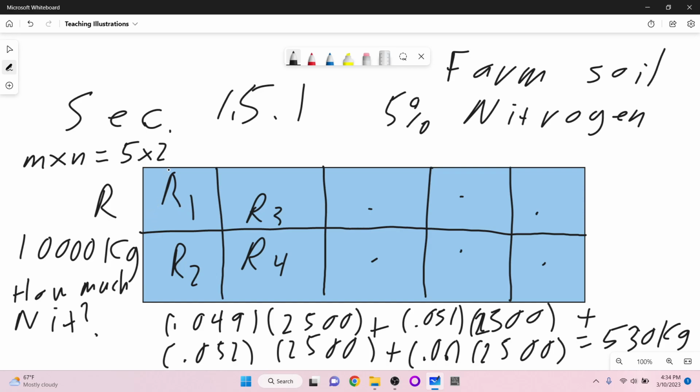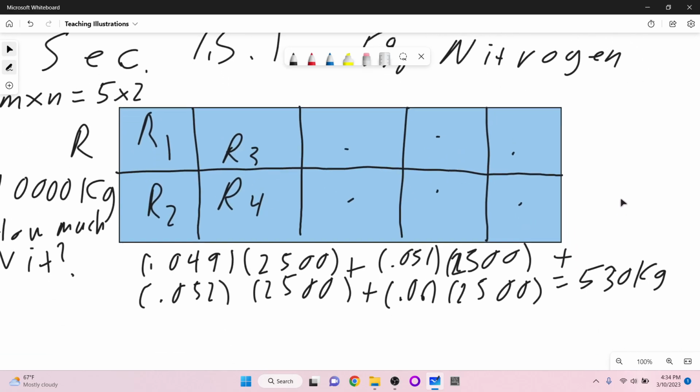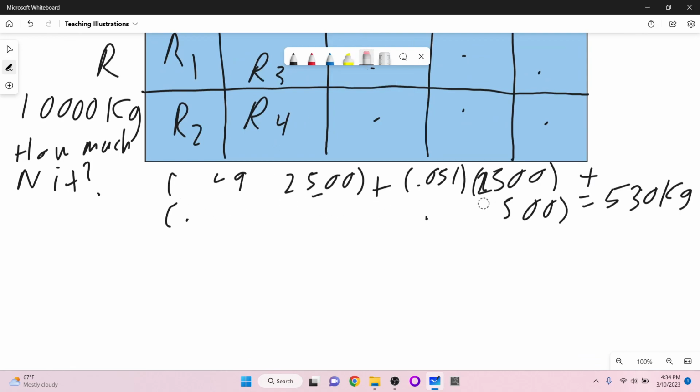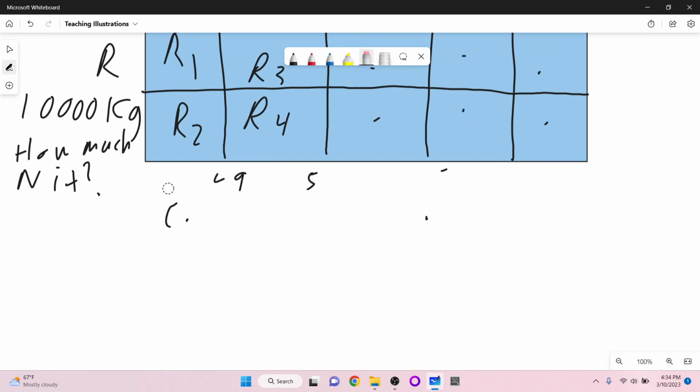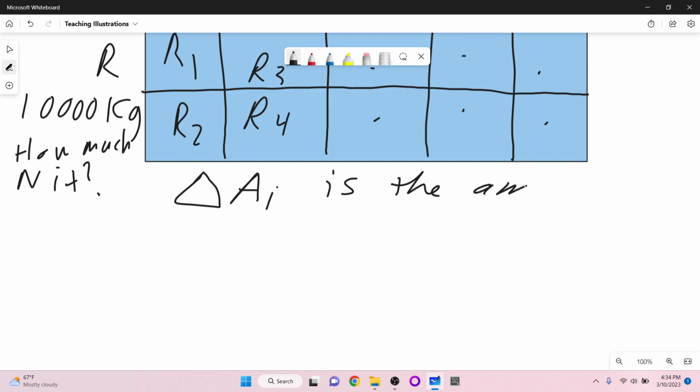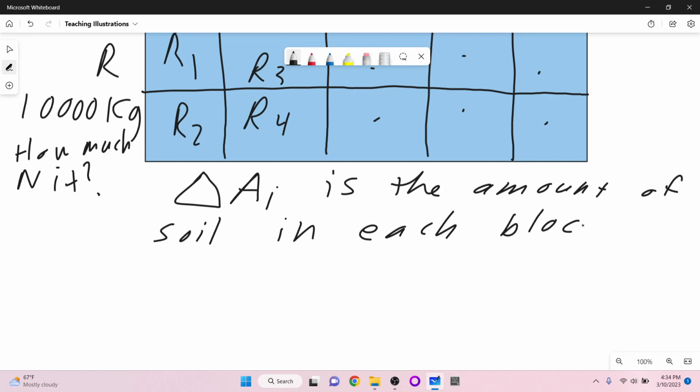So let's work out the notation for this. We're going to say delta A_i is the amount of soil in each block, the total amount.